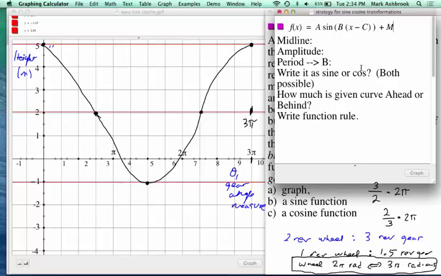So we can describe the first and easier one, so let's do cosine first, it's easier. And then you need to put a period. The period's not 2 pi, the period's not 3 pi.